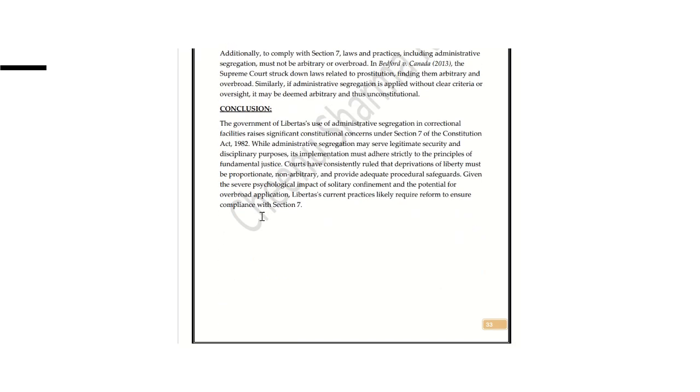So I am adding these separately so that you can bring your attention here. In R versus Wigglesworth, then we have Everett versus Canada, then Bedford versus Canada. These are all related to section 7, so you can mention them and then give your conclusion.